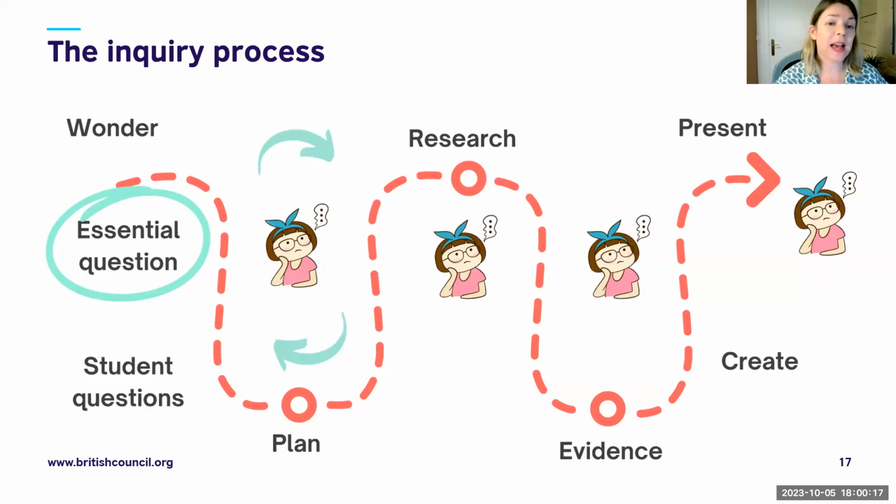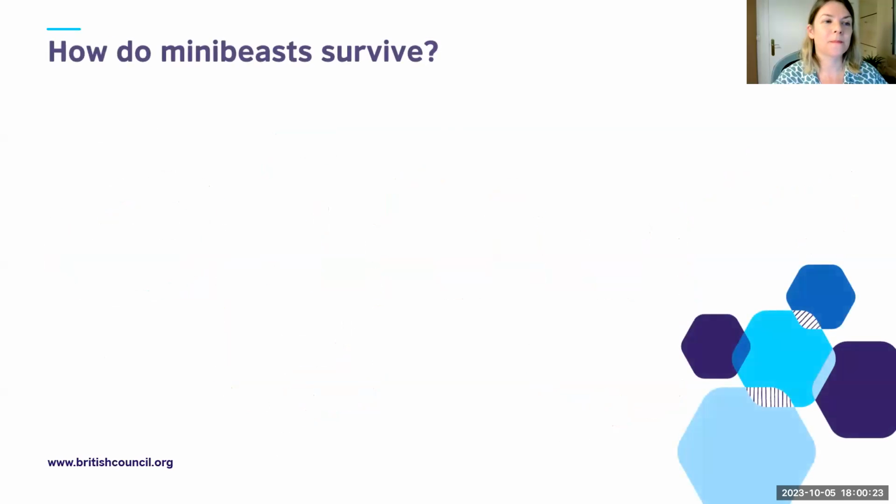For this topic, our essential question is, how do mini beasts survive? So you'll see this is quite a broad question, and it could be answered in different ways depending on what we want students to investigate. There can be multiple ways of exploring this question.